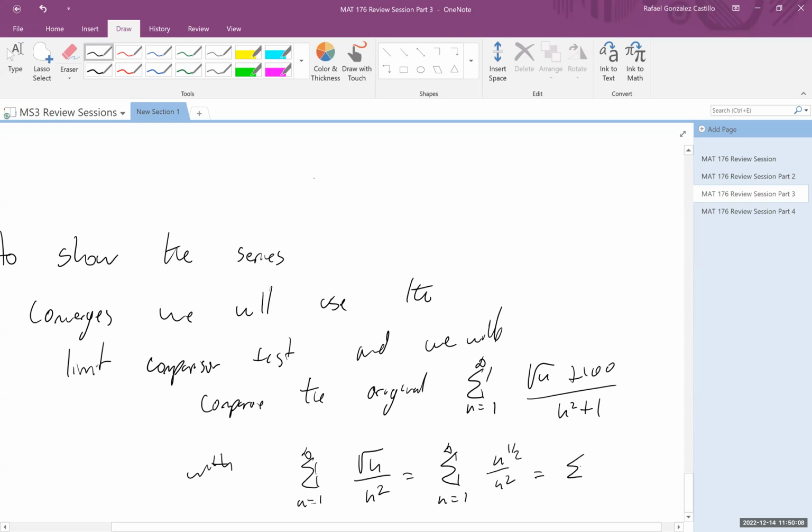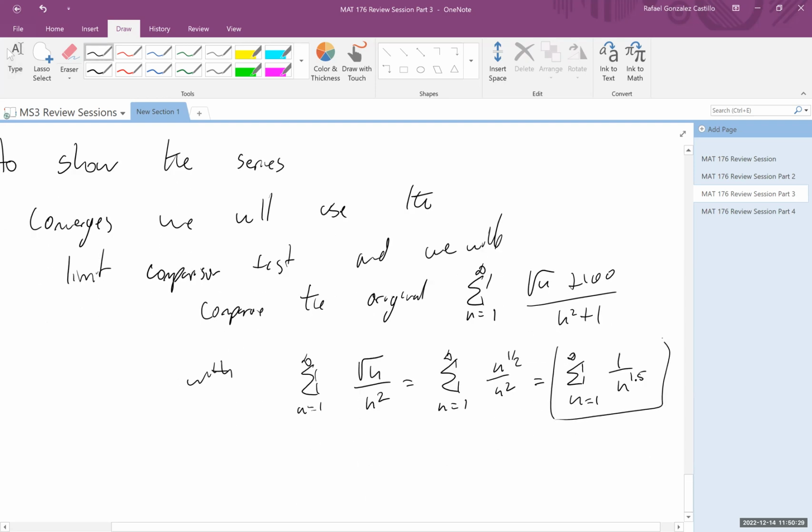By rules of exponents, you subtract the exponents: 1/2 minus 2 gives you 1 over n to the 3/2, or 1.5. This is the series that I'm going to use the limit comparison test with.